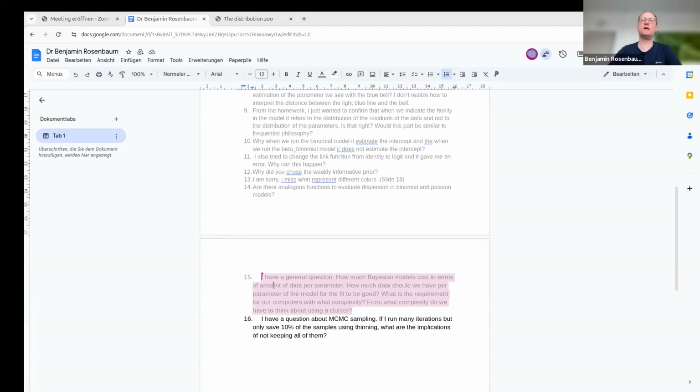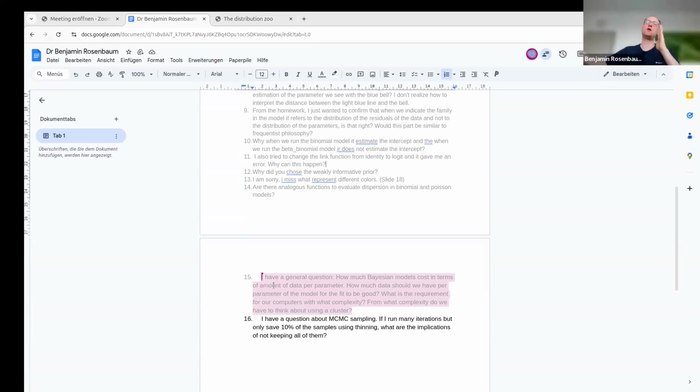Thinning used to be more important in other environments, for instance JAGS, because other algorithms had the problem that the chains had a lot of autocorrelation. So you would see some up and down in your chains, still wiggling around, like wandering around.